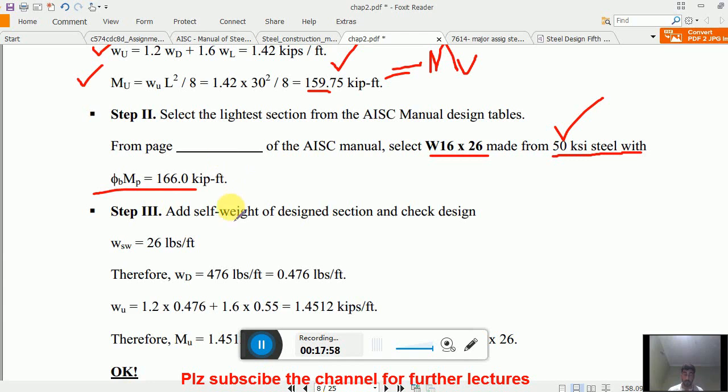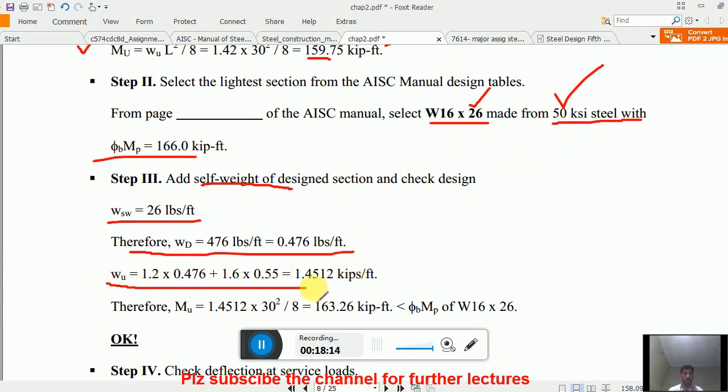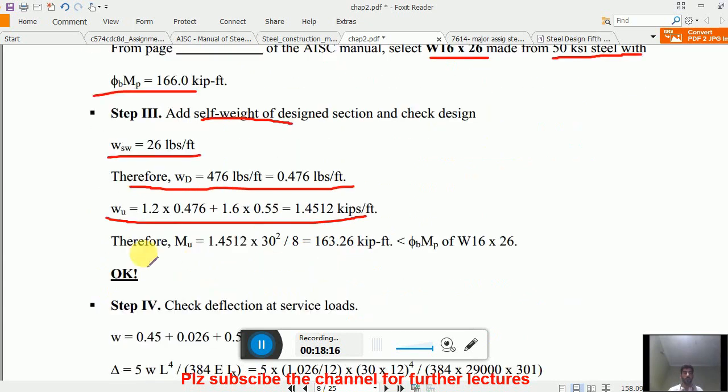Sorry. Add self weight, you have to design the section and check. Now 26, this is the weight of the section, so you need to add it. Now the total dead load will become larger, and you need to again determine WU, then again determine your MU, and you see this is good news for you.